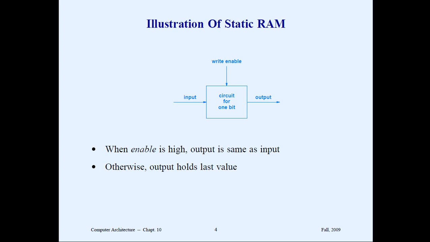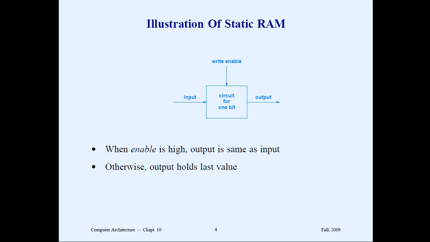So basically, if the enable bit is high, the output is the same as the input. In other words, if the enable bit is set to a high value, then we will write to it. Otherwise, it will hold the last value, so it'll just do a read.